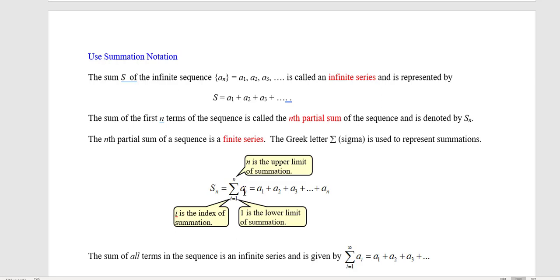So that means into this a_i, we're plugging i equals 1 to get the first term. Into this a_i, we're plugging in i equals 2 to get the second term. And we go through all those i values until we get up to n. So we go to 3, 4, 5, 6, all the way up till n. That describes n of these terms of our sequence added up, right?